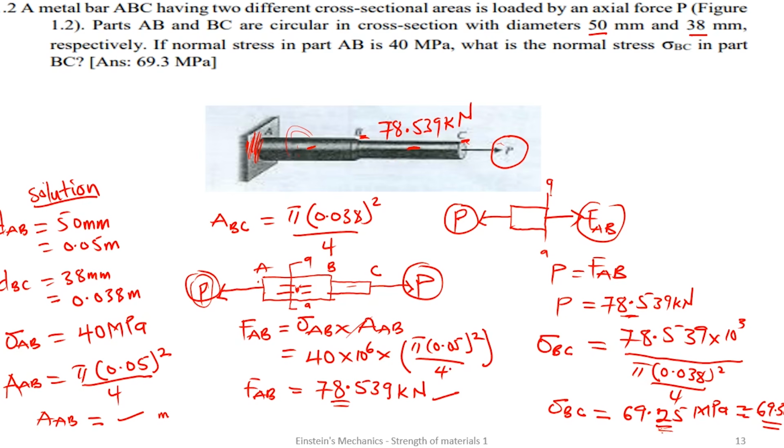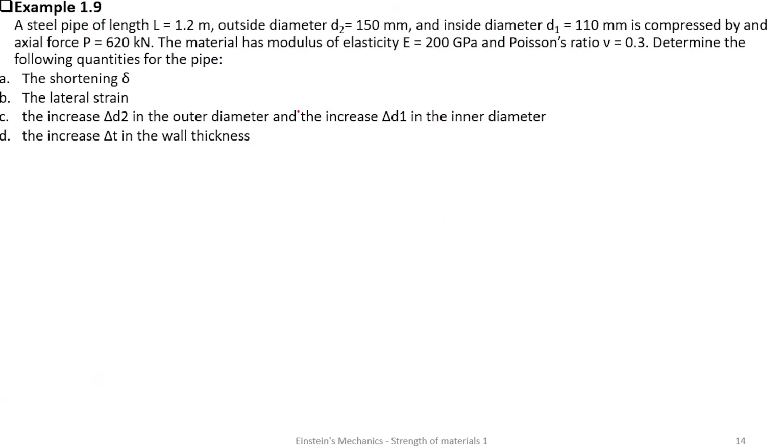So the stress in AB was 40 megapascal and the stress in BC is 69. The same force, but the area decreased. Let's keep moving to the next example.